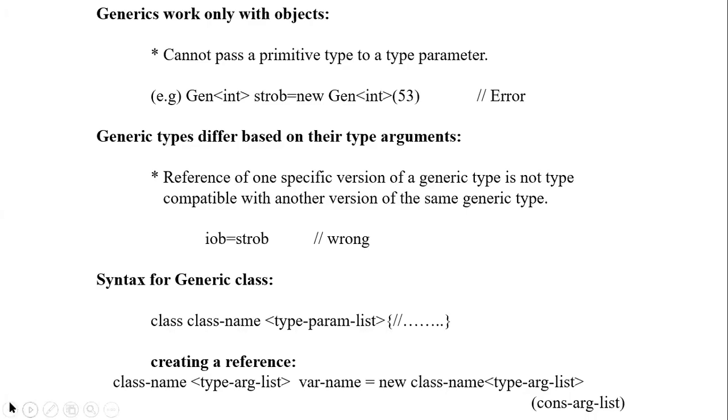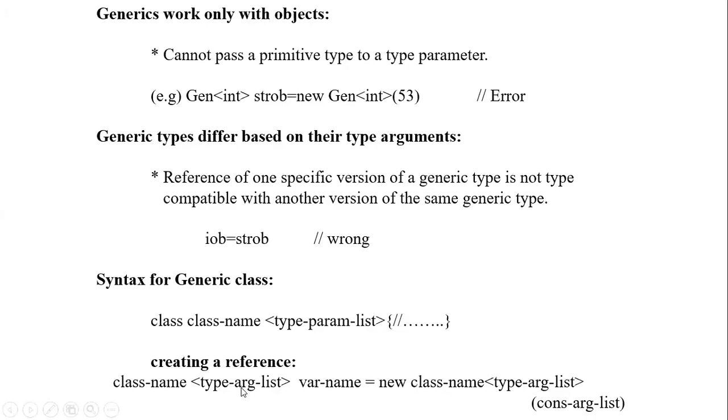In that case, you first specify a class name followed by the type argument list, what type you allow that particular class to accept. Then variable name is equal to new class name of that type argument list followed by the constructor argument list. Hope you can get an idea in mind when you see this syntax statement.